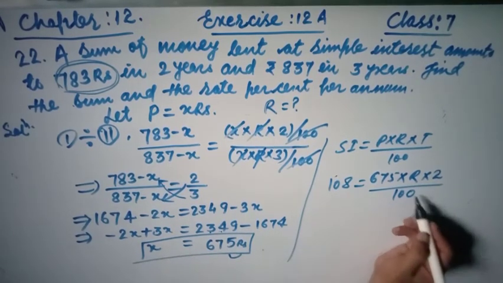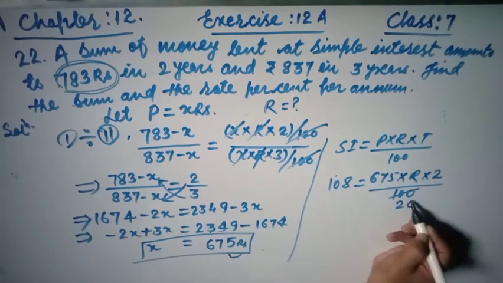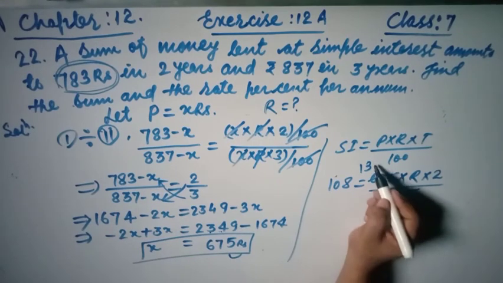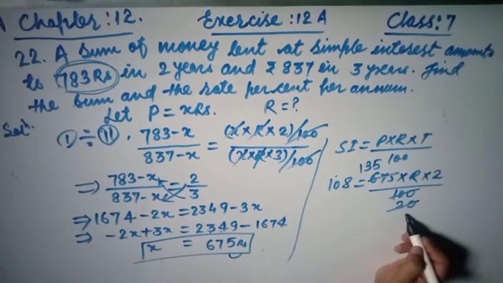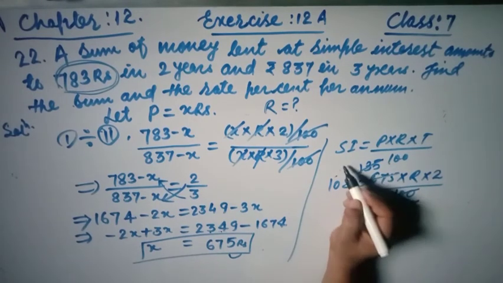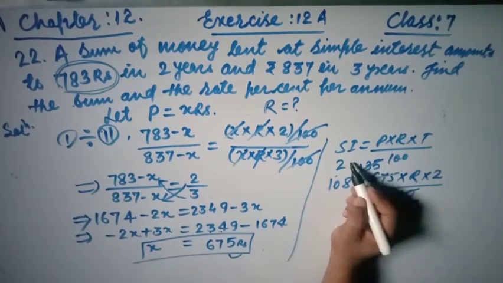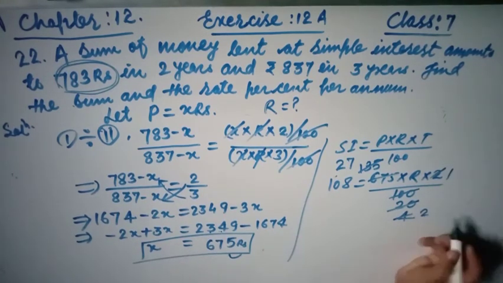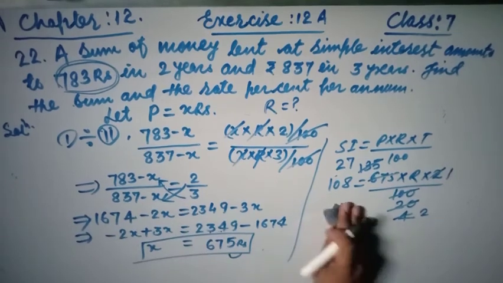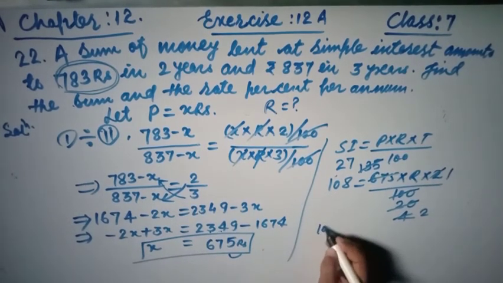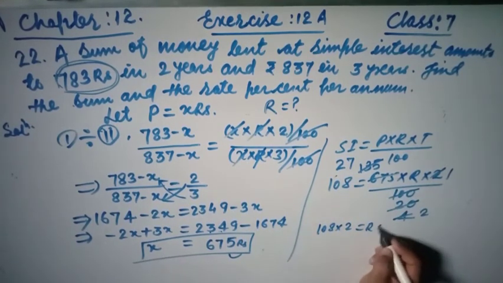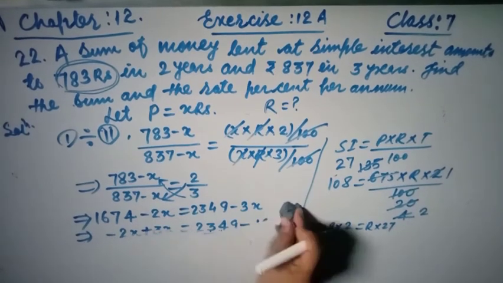Now cross multiplication, this will get cancelled friends. 5 times 20, 5 times 3 is 15, 5 times 5 once again cancel, 5 times 2 is 10, and 5 times 7 is 35. So cross multiplication: here 108 multiplied by 2 is equal to r into 27.